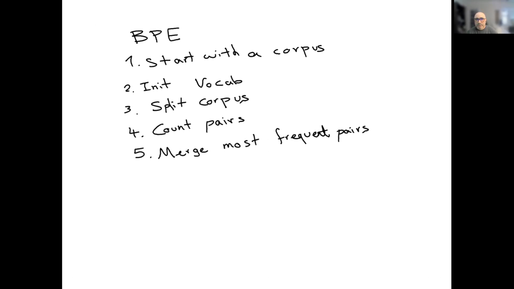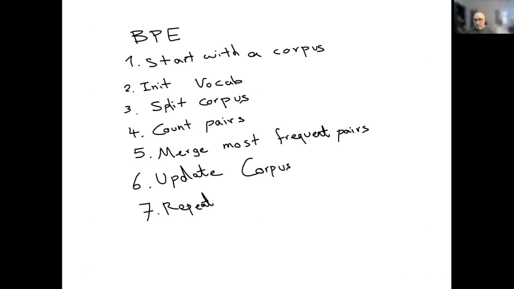And when you merge that, you update your corpus. So your corpus doesn't need to be at character level anymore. It can use the merged ones based on the most frequent pairs, and you keep doing that until you reach the vocabulary size you want.